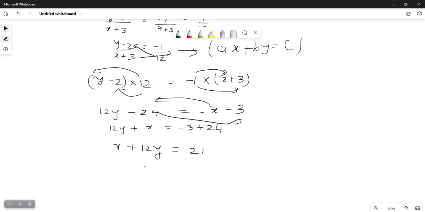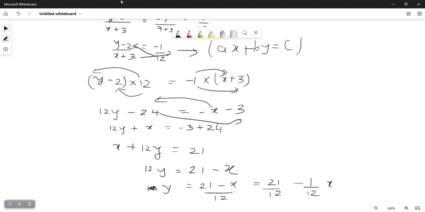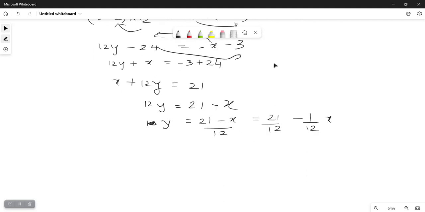Now we can get the slope of this equation. How? Just take this x to that side and give this 12 also to the denominator, then it will be shared by both, and now we can say that the slope of the perpendicular line is -1/12.